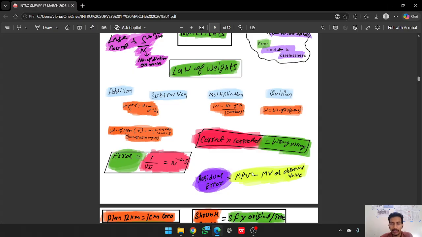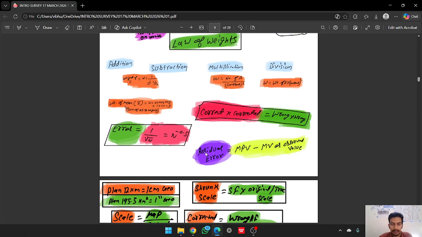Most probable value minus measured value, or observed value, is known as residual error. Most probable value minus measured value or observed value is known as residual value.